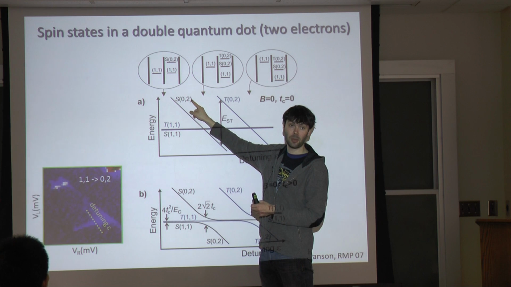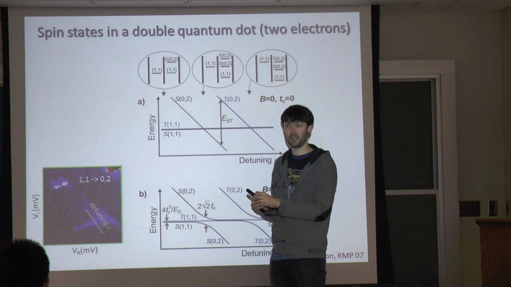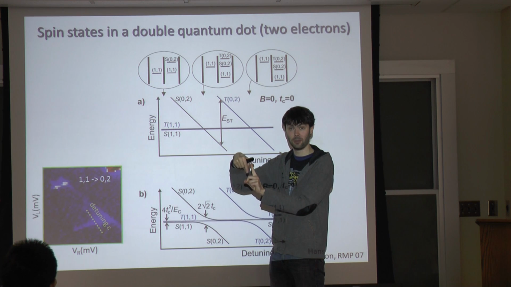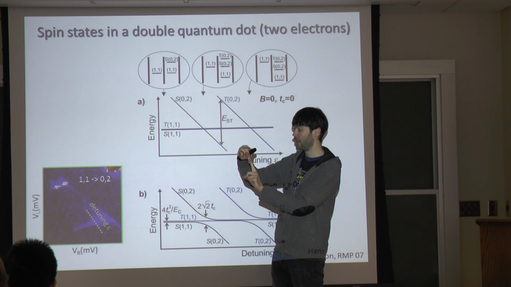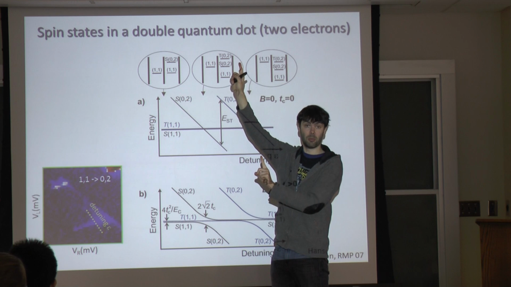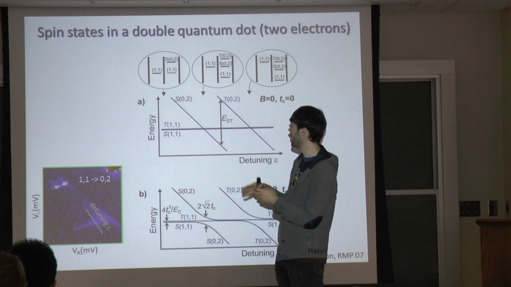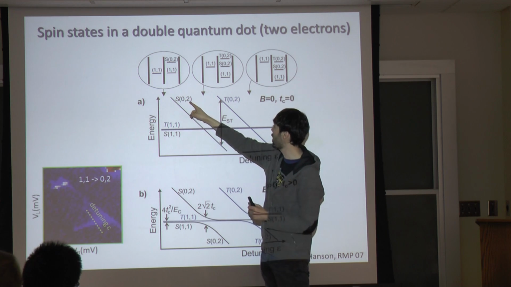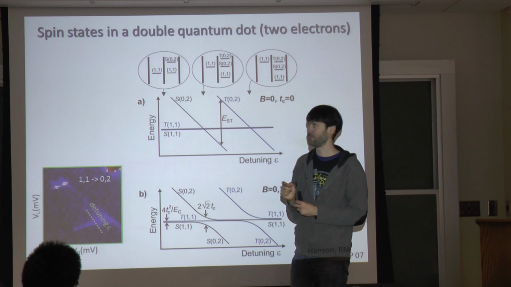It's like a single dot with 2 electrons. If you form a singlet, they can both go on the same orbital. If you form a triplet, the second electron has to go up to the next orbital. Hence, there is a singlet-triplet energy difference between singlet 0,2 and triplet 0,2.